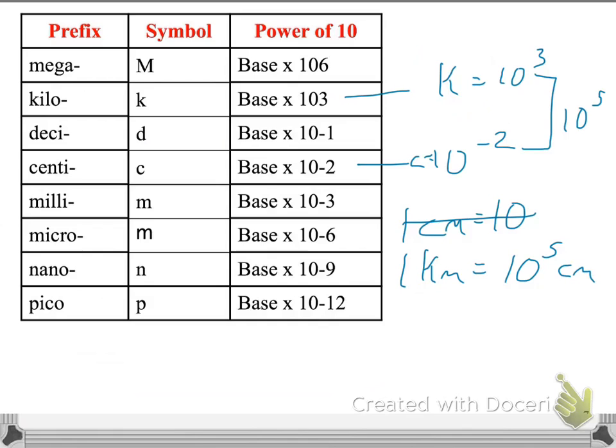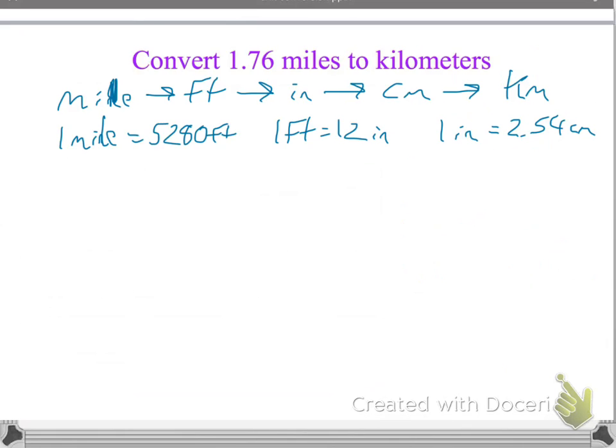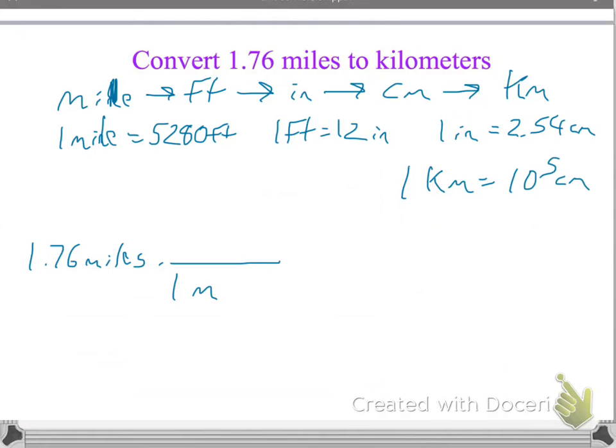So we can put that back in, knowing that 1 kilometer is equal to 10 to the 5th centimeters. So now we can put this in, starting with 1.76 miles. And then we want to get rid of units of miles, so we put that on the bottom: 1 mile, because mile divided by mile is equal to 1. That's 5,280 feet.